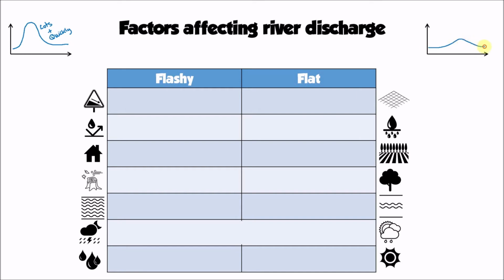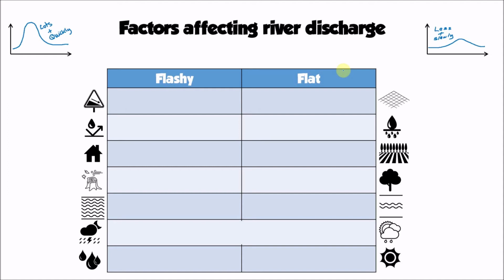A much longer lag time, a lower peak discharge, and a more gentle rising limb. So here we've actually got less water getting into the river, and it's getting in there more slowly as well.